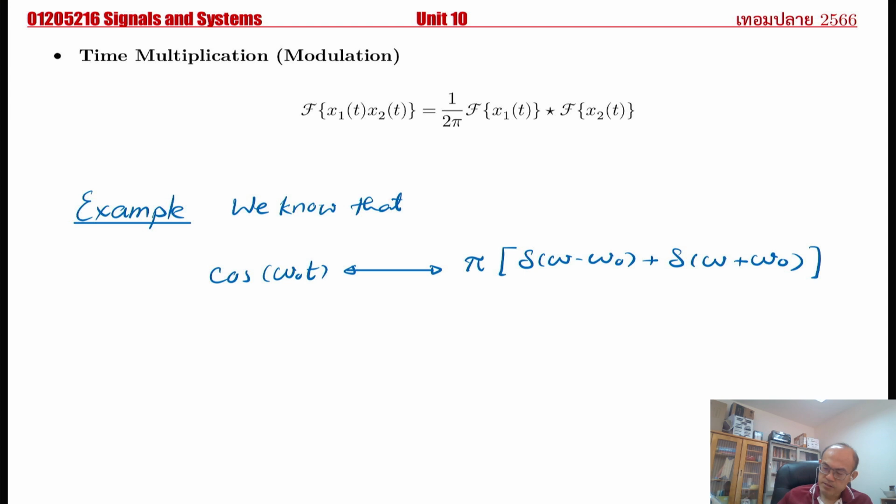And the rectangular function of t over T has Fourier transform pair of T sinc function omega T over 2.